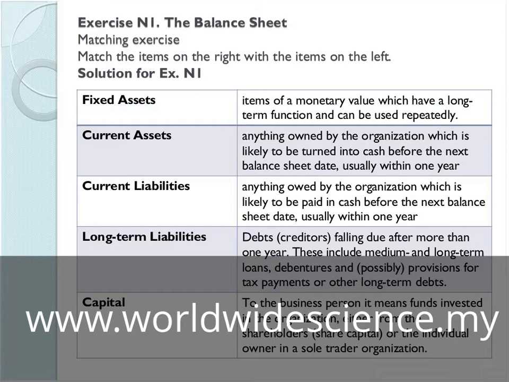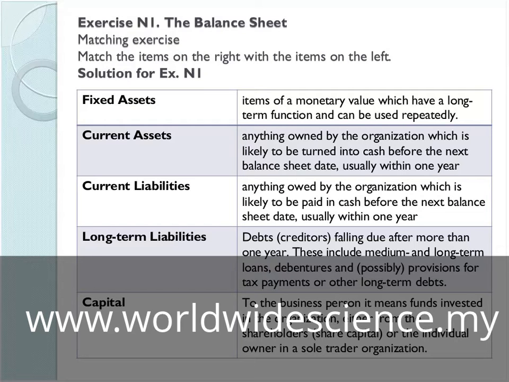The current assets: anything owned by the organization which is likely to be turned into cash before the next balance sheet date, usually within 1 year. Anything owed by the organization which is likely to be paid in cash before the next balance sheet date, usually within 1 year, is the current liabilities.